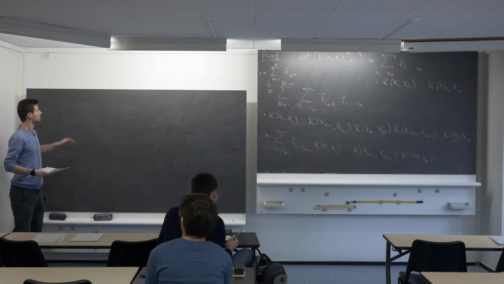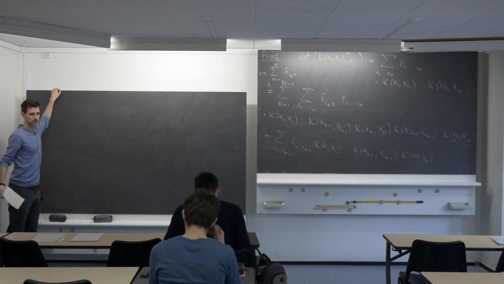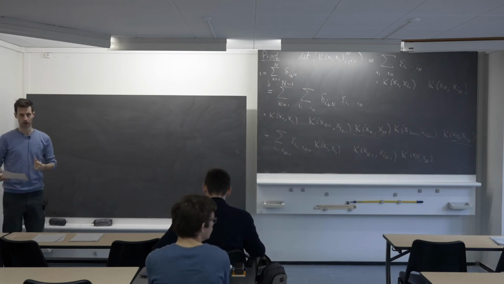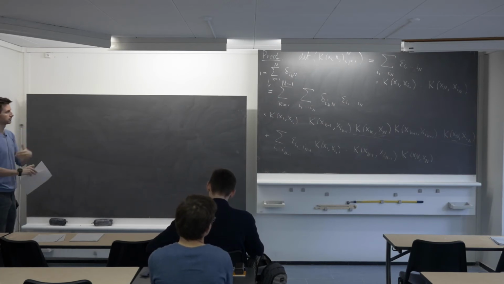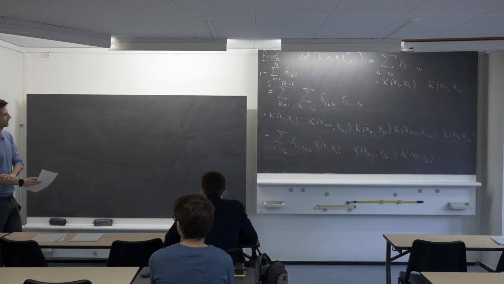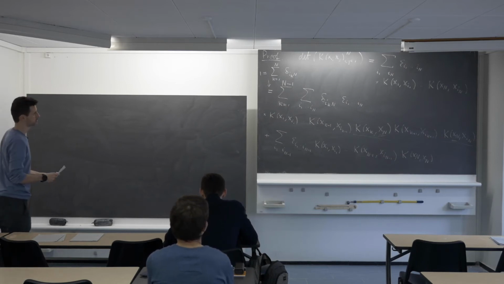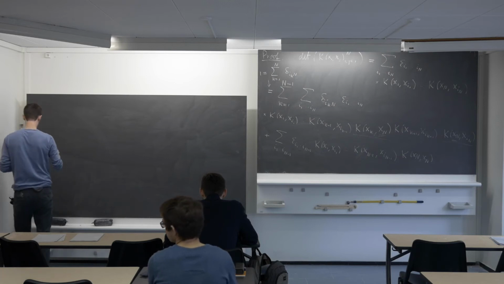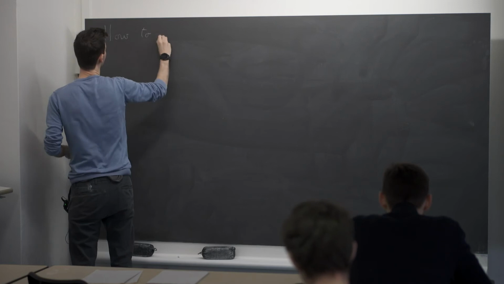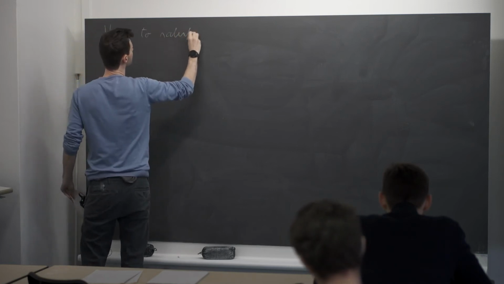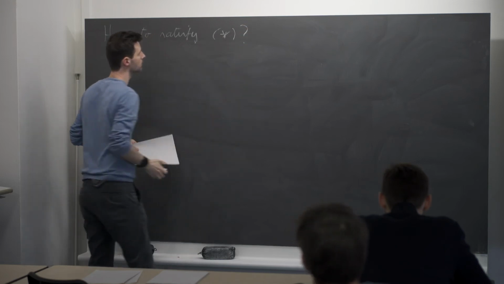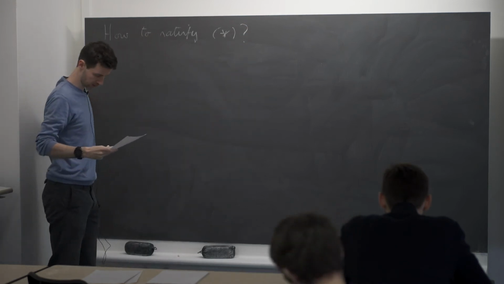Okay, so let me continue now by focusing on this condition star. So we saw that this integration of integrating out these variables works beautifully, provided our kernel K has this projection property. So now the question is, how do we satisfy the projection property?